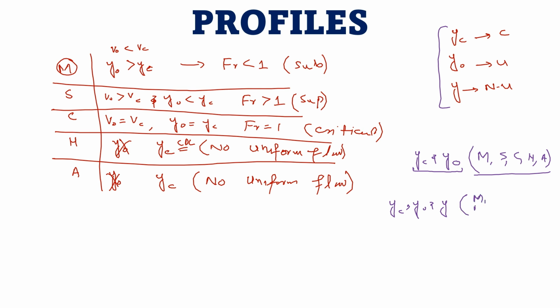Either it is M1, M2, M3, S1, S2, S3, C1, C3, H2, H3, or A2, A3. These are the subcategories, and these are the main categories of the profiles.